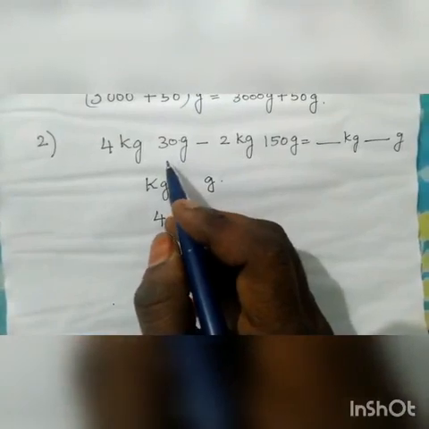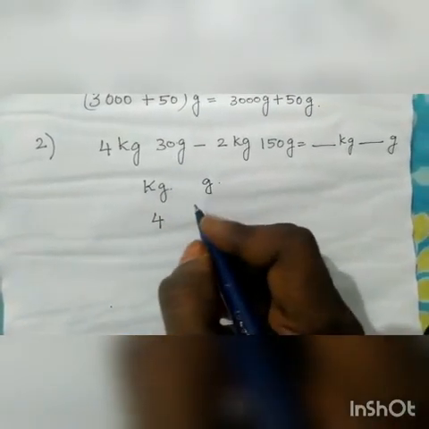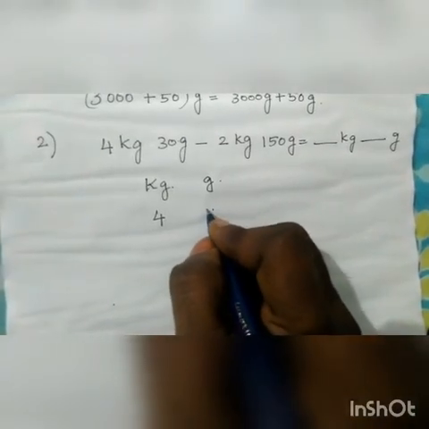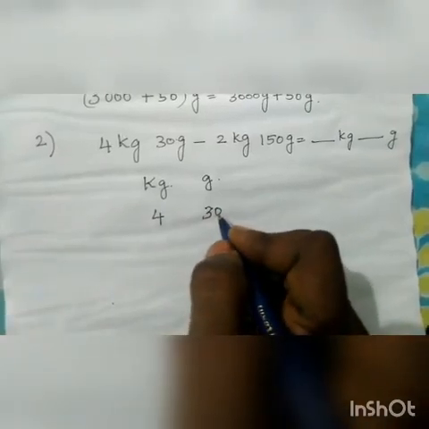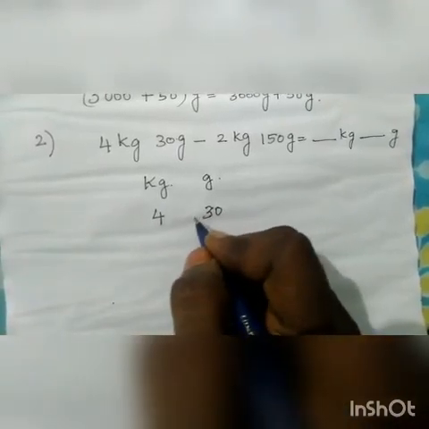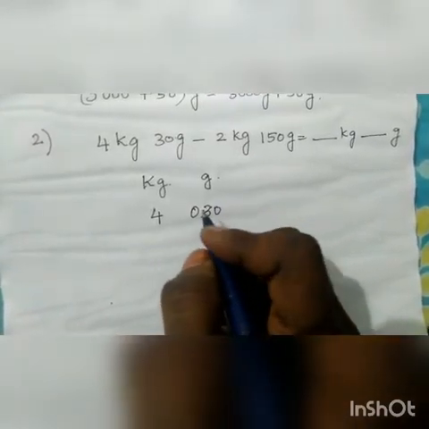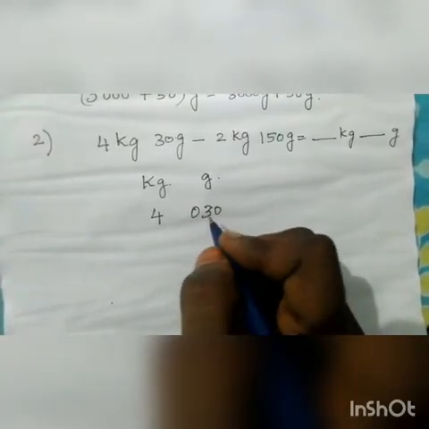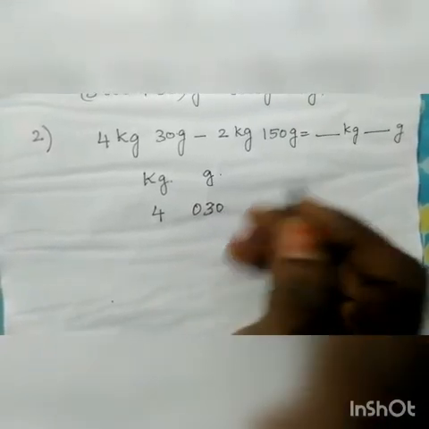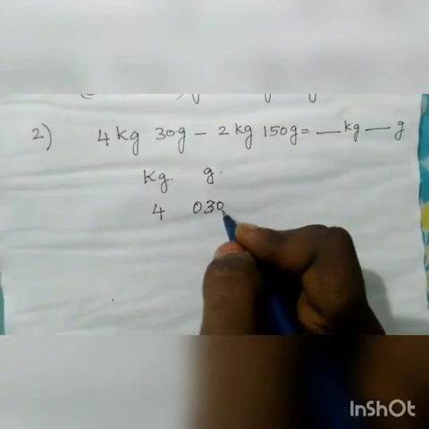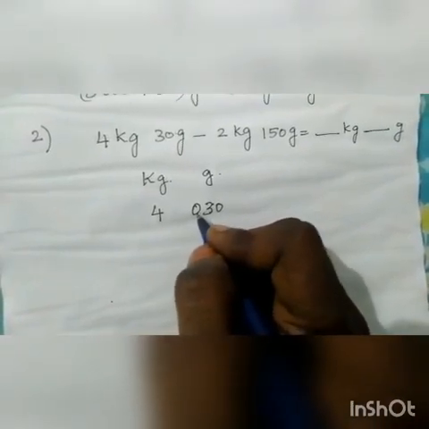Always the gram should be in 3 digits, as I said earlier. So we write 30 as it is, moving from the right side: ones, tens and hundreds. In the hundreds place nothing is there, so we have to put 0.